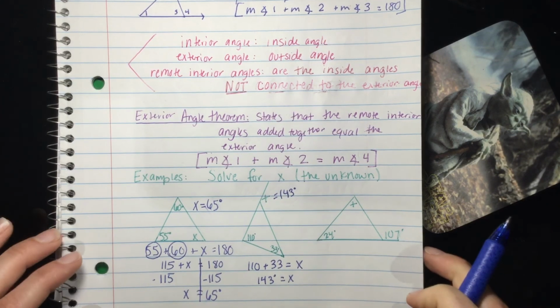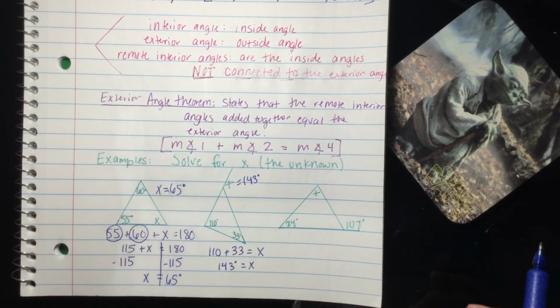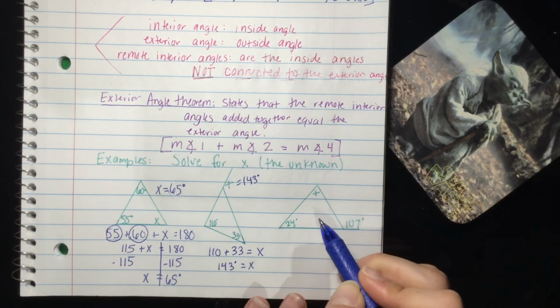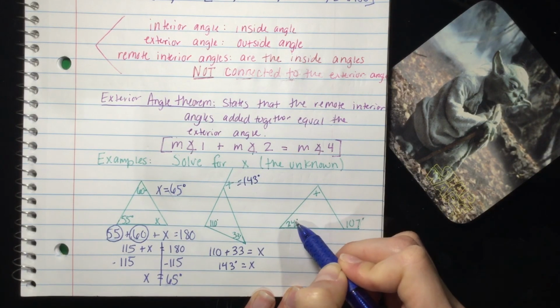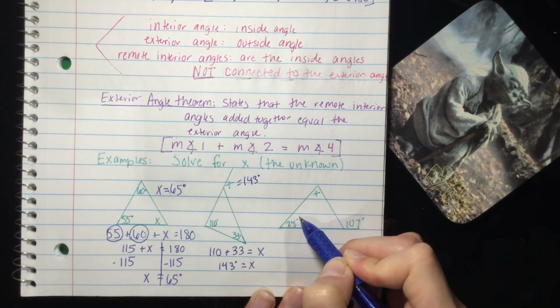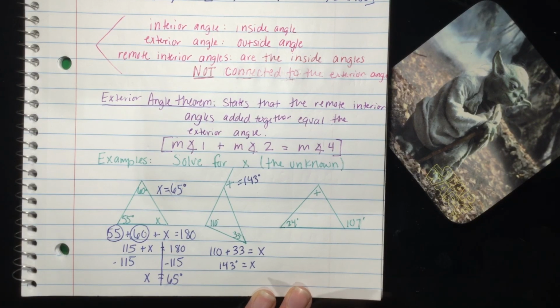All right, now you've leveled up and you're on to the third one. It's a little bit more challenging, but you guys are smart. So we've got an exterior angle that we know the value of, and we have two remote interior angles. How can we set this up? If you want to pause the video right here and try it on your own, go for it.